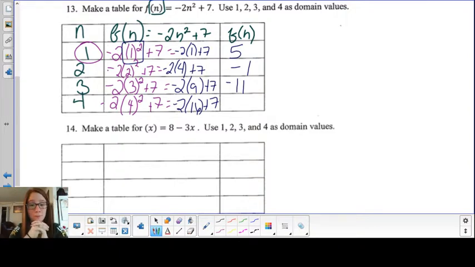Negative 2 times 16 gives me negative 32. Negative 32 plus 7 gives me negative 25.